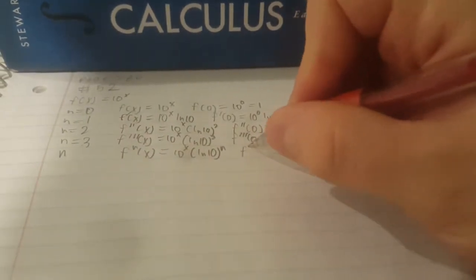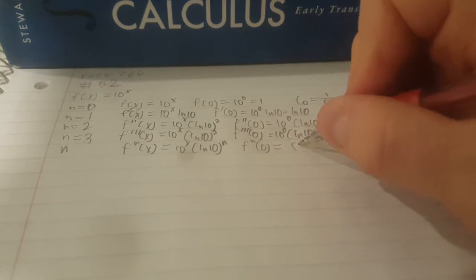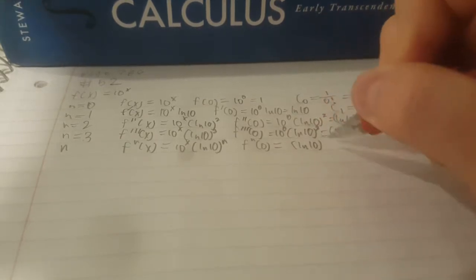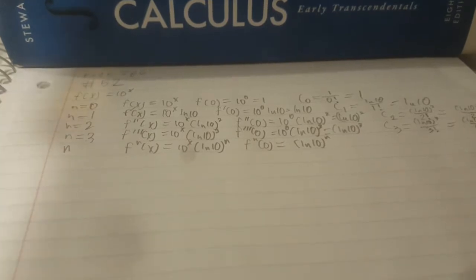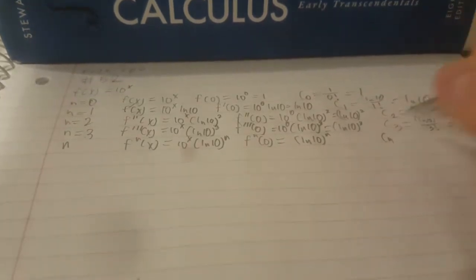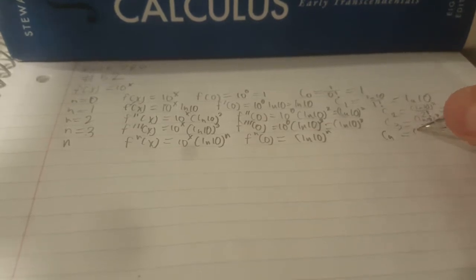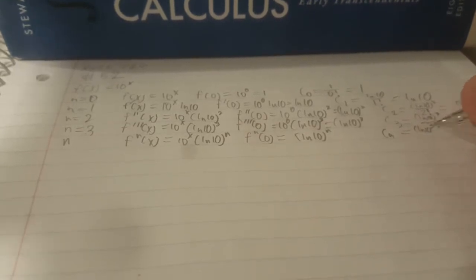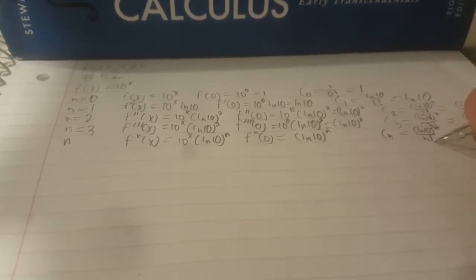That's how the pattern is. So f to the n of 0 would just equal ln 10 to the nth power in a similar way. And c of n would equal ln of 10 to the nth over n factorial.